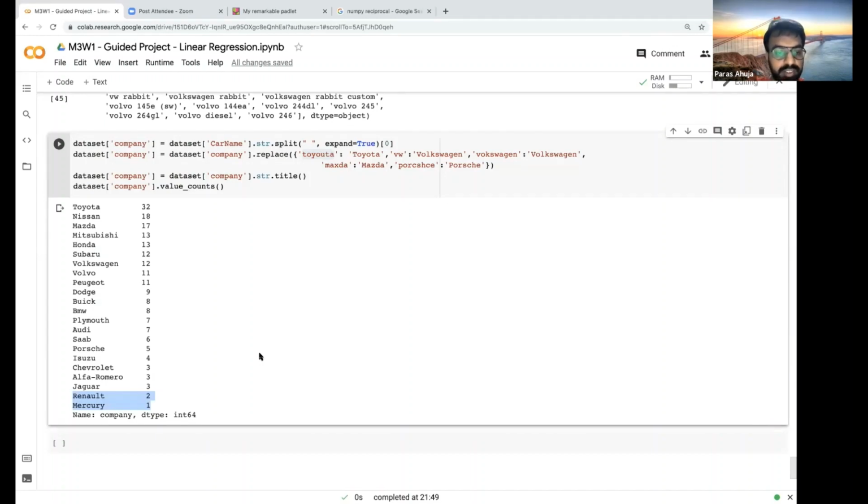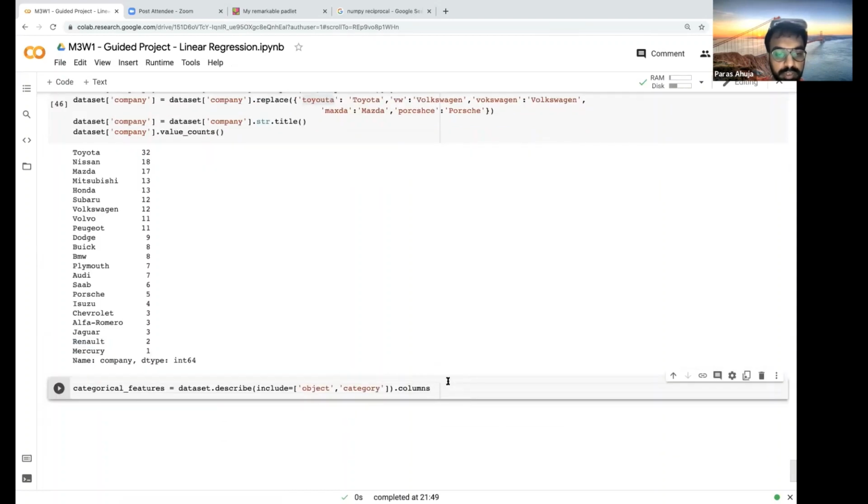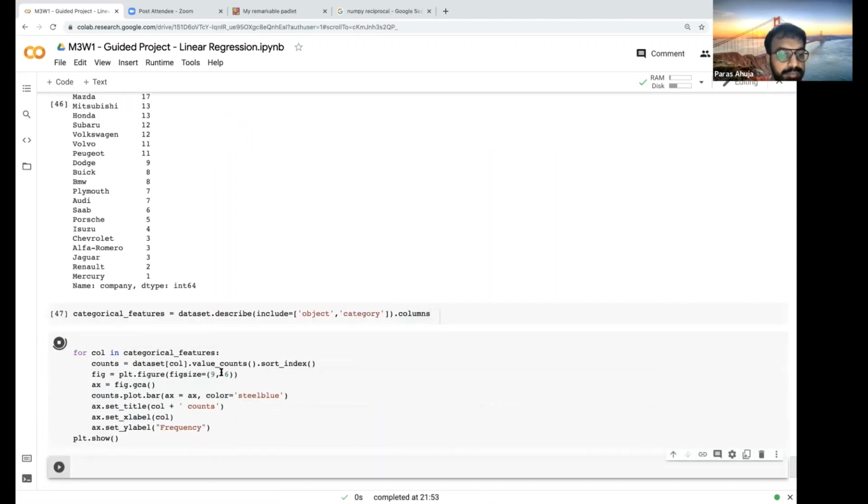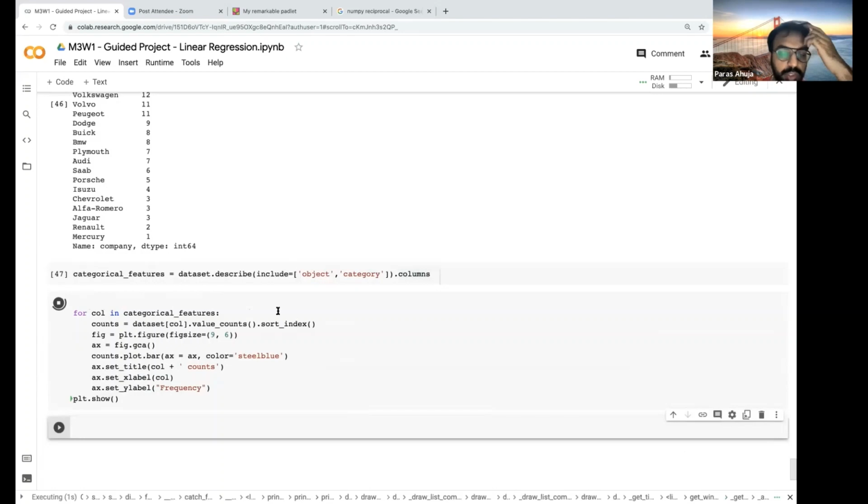Now I'll check the categorical columns that we have. Numericals we are done, right? Now we'll check the categorical columns, and for the different categorical columns, we'll plot graphs. I hope I didn't paste the code for you guys.